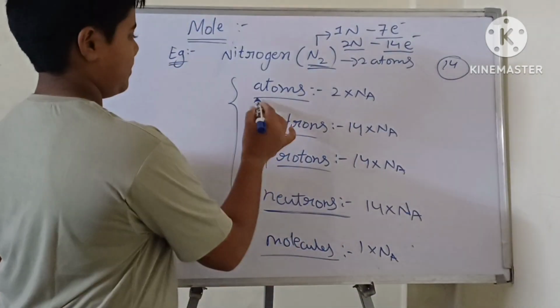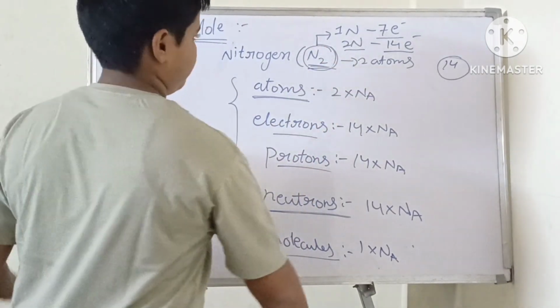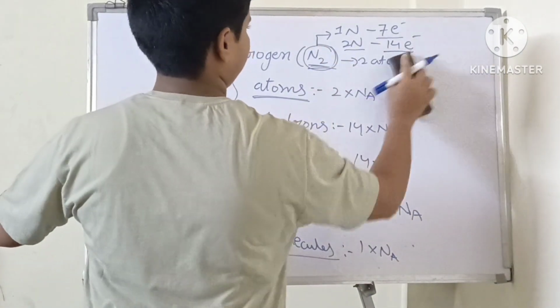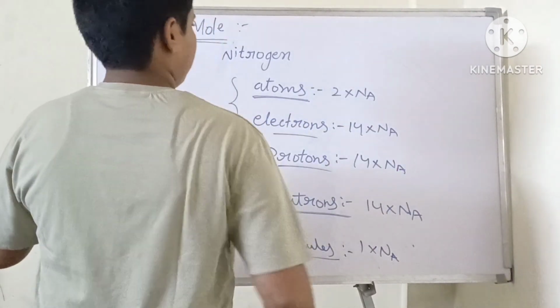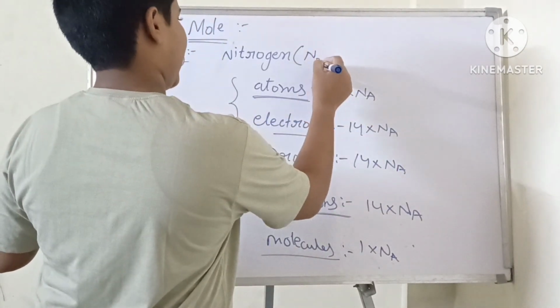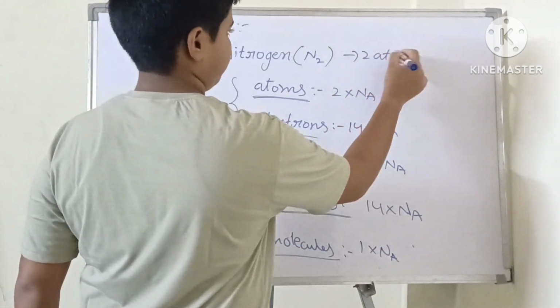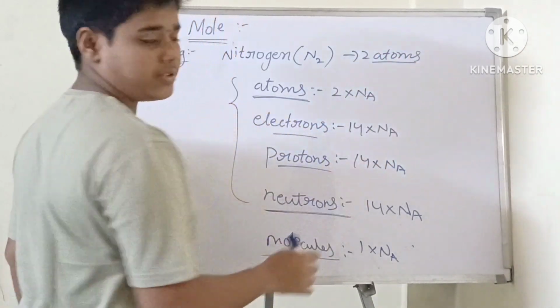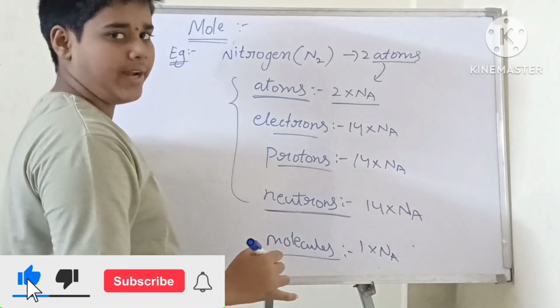I will explain again. Here in N2, there are 2 atoms. 2 atoms we can write as 2 into Avogadro number of atoms.